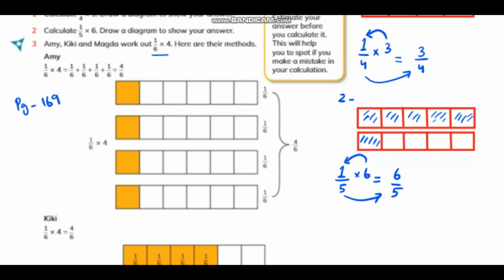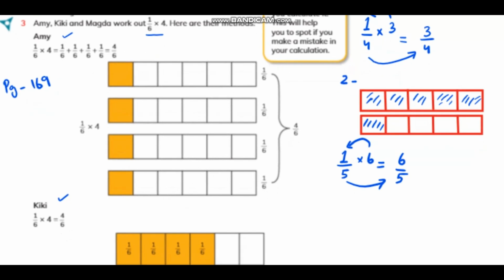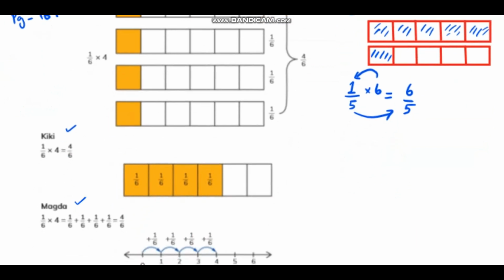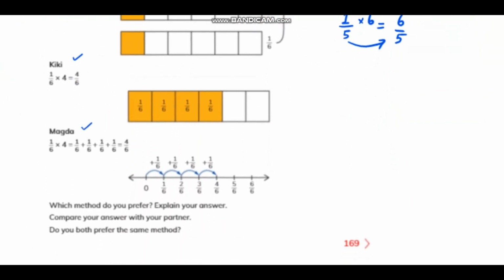This is the method of Amy, here is Kiki, and let me move down, and this is the method of Magda. And it continues, which method do you prefer? Explain your answer. We will see which method is best for us, which is easy for us.